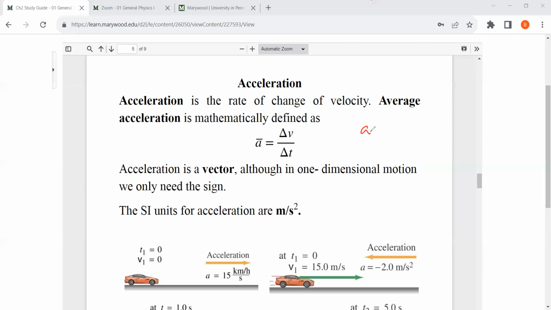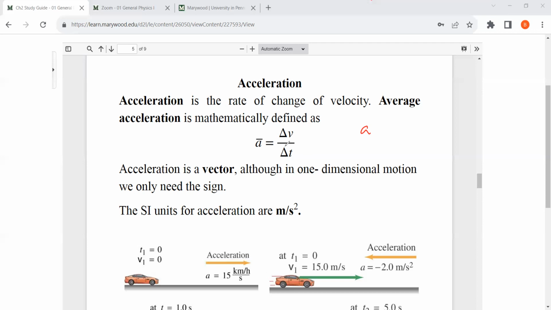So the definition of acceleration, or average acceleration, is change in velocity divided by the time. The physical meaning of acceleration is speeding up or slowing down, but mathematically it is the rate of change of the velocity, the rate at which the velocity is changing with time.